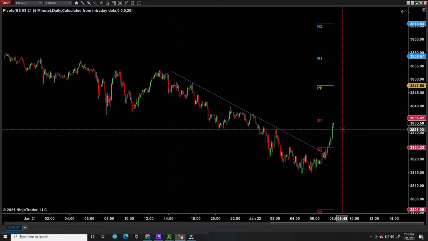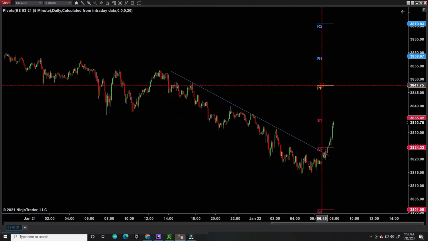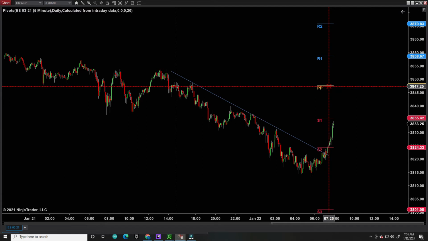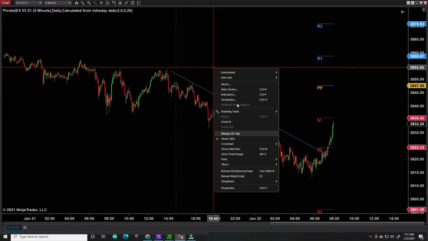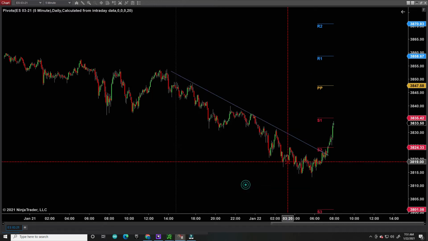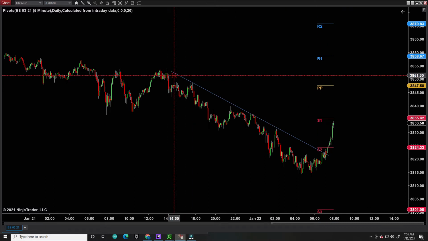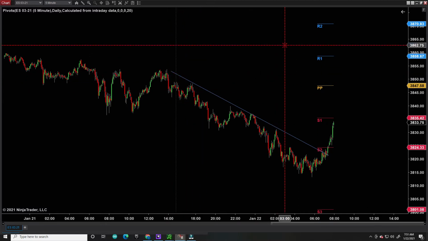Now on the ES, on the 5-minute chart, we have a trend line that's been broken. So where's price probably going to go? It seems like a long way off, but that's up to the beginning of the trend line. And then again, we have a pivot point here, and that is a monthly pivot point, I think. Wait a minute, let's double check on that. No, that's a daily pivot point. So there's a good chance it could work its way to the beginning of this trend line here.